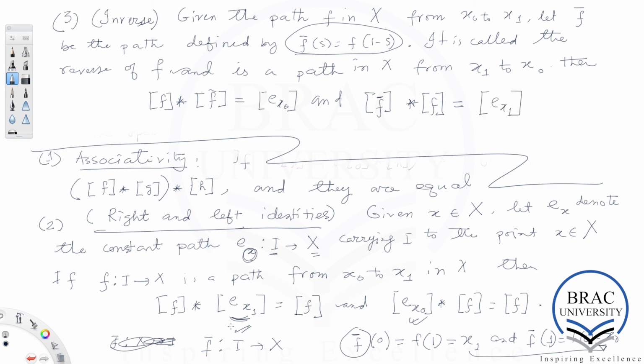So this is theorem 1. We'll prove this theorem in this lecture.